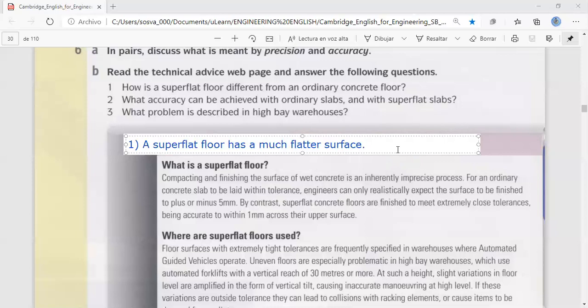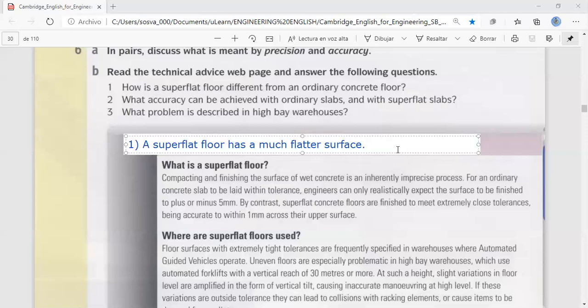Why? Because if you go right now to the floor of your house and you do this on the concrete, you might see that your finger itches. Why? Because of the friction, and of course because of the material it's made of. Okay, that's the difference, that a super flat floor has a much flatter surface.